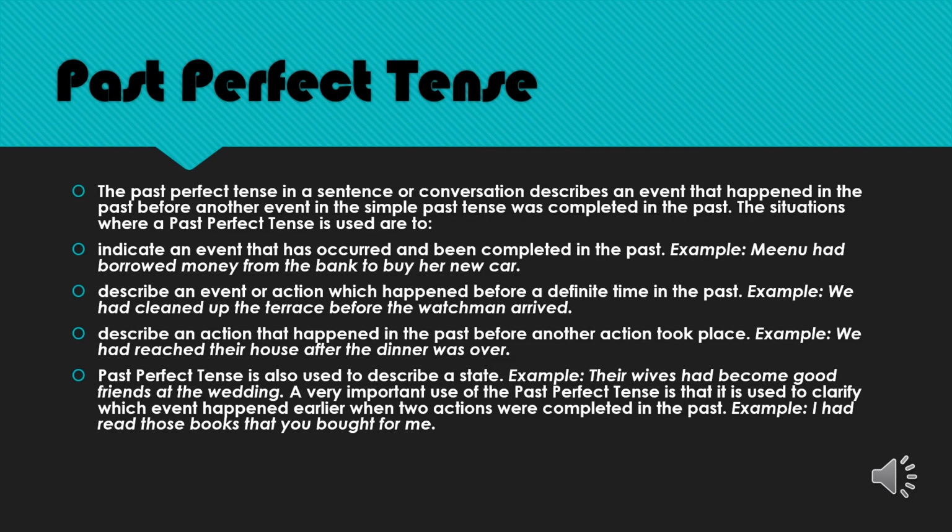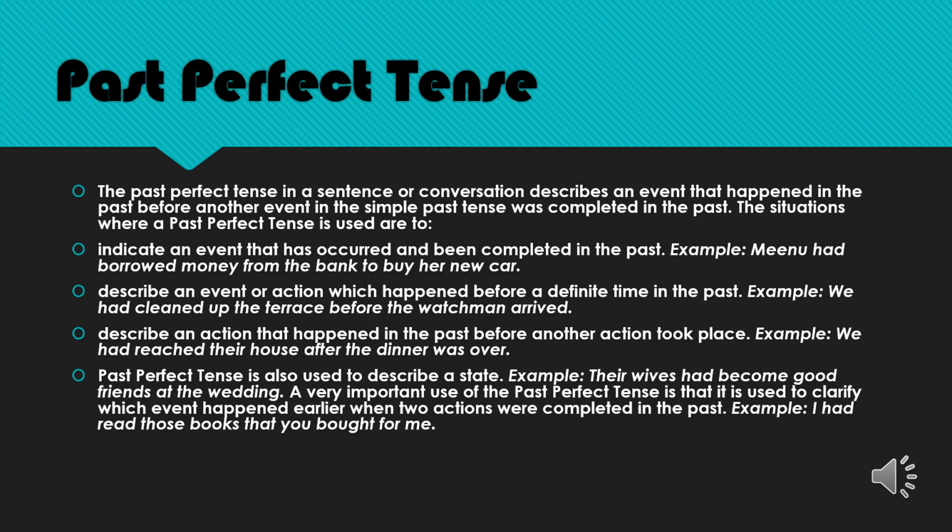Example, Minu had borrowed money from the bank to buy her new car. It describes an event or action which happened before a definite time in the past. For example, we had cleaned up the terrace before the watchman arrived.